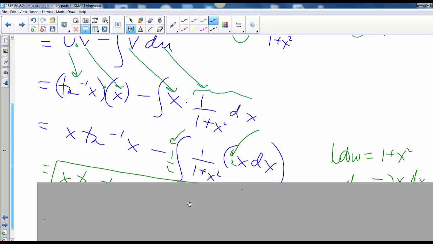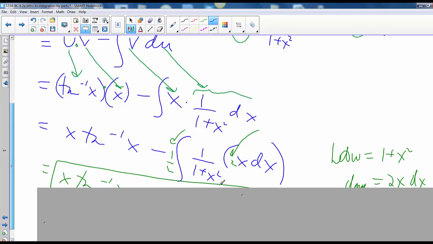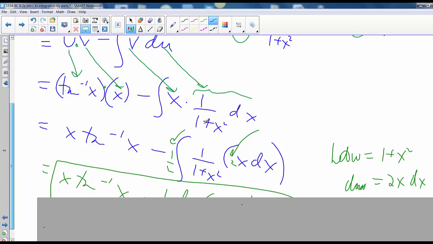Now, here what happens is you actually can do this integral by substitution. Now notice I'm saying let w equal. I've already used u and v up here, I can't use them again, so I'm just picking another arbitrary letter. So I let w equal the denominator. And sure enough, if I let w equal 1 plus x squared, the derivative of that is 2x dx, and that's what I have. I have the x dx.